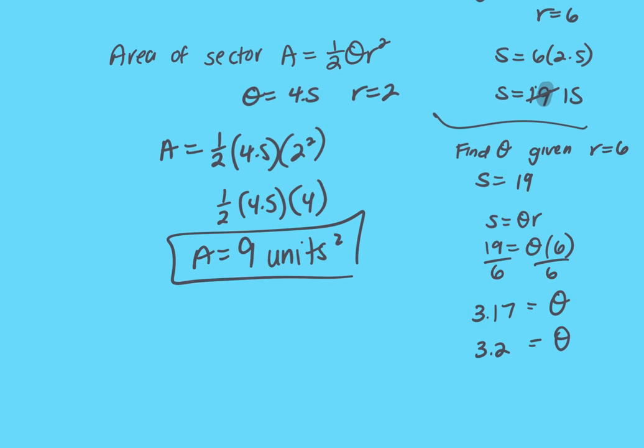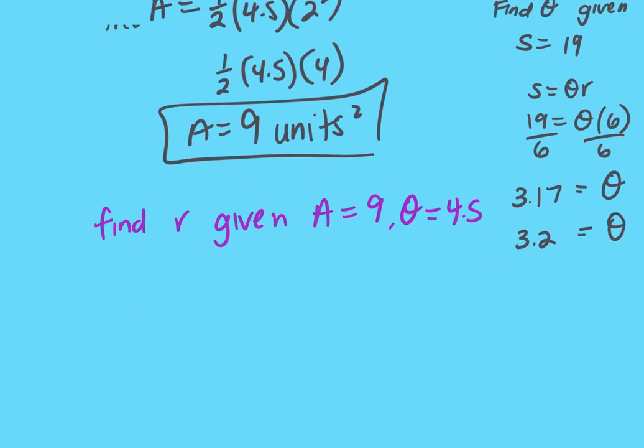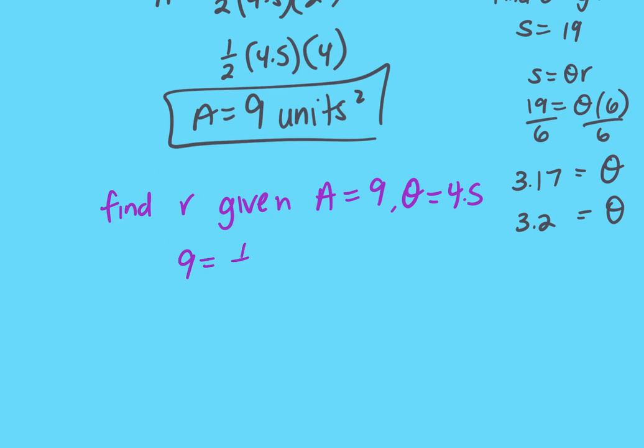Or it could say, find R given area equals 9 and theta equals 4.5. So I'd get 9 equals 1/2 times 4.5 times R squared.